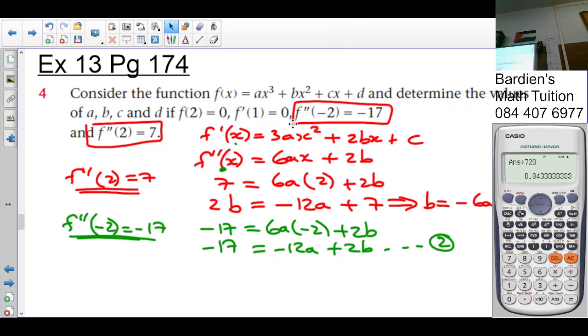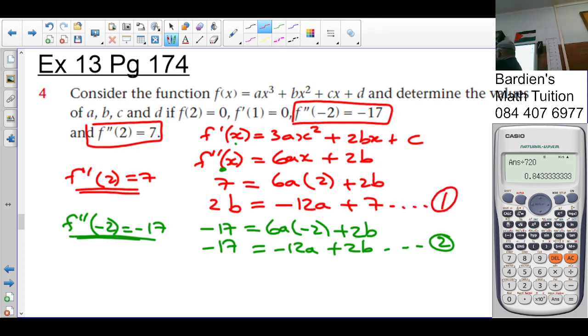What I could have done here was keep this as equation 1, if I really didn't want to work with fractions. Can you see here? So what do I notice now? I notice we have 2b here, and here we've got a 2b.